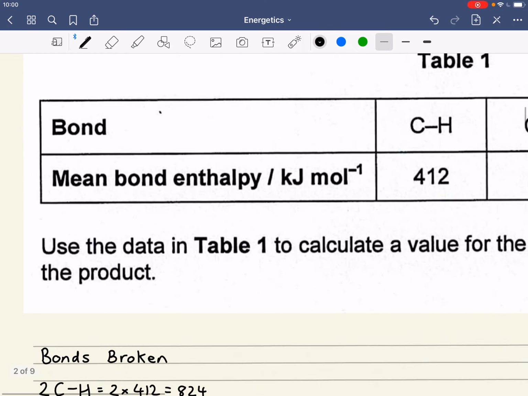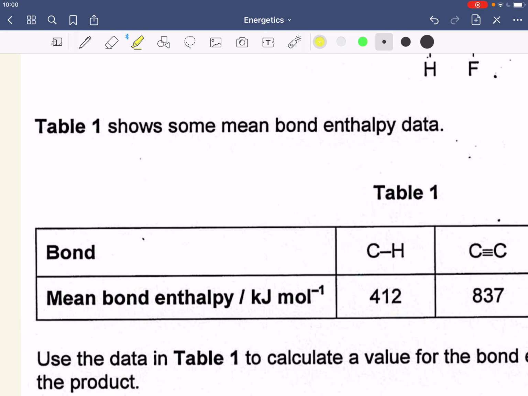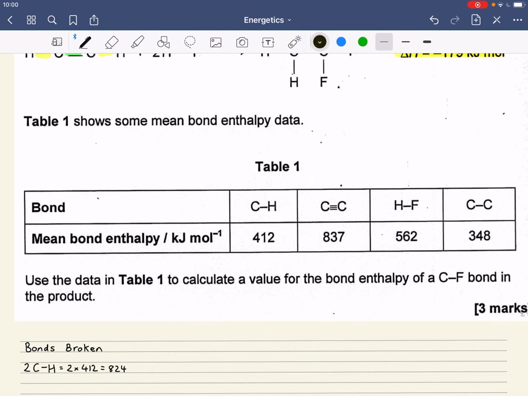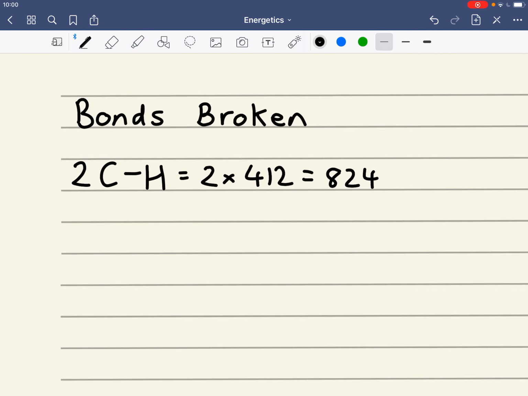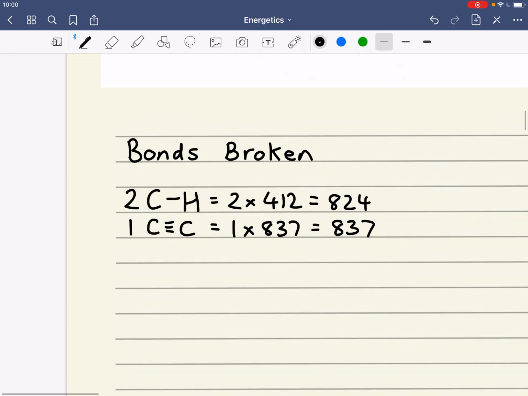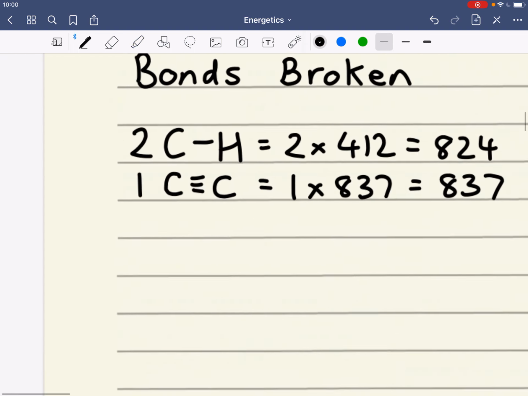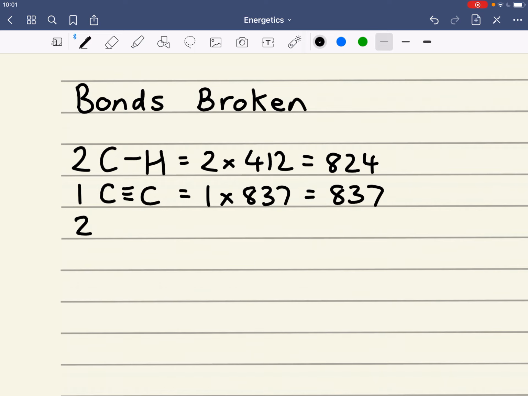As you can see here, we've got one C triple bond C, that's equal to 837, and I've also got two HFs, as we can see there, and that's equal to 2 times 562, that's 1124.